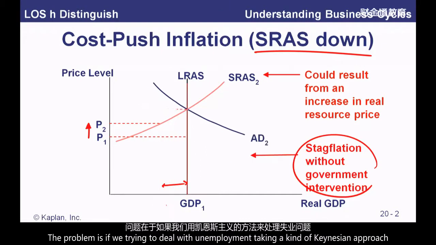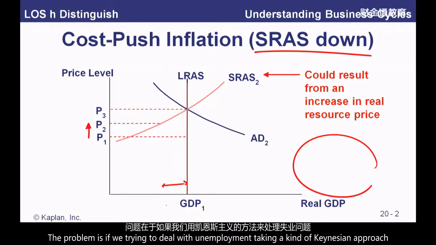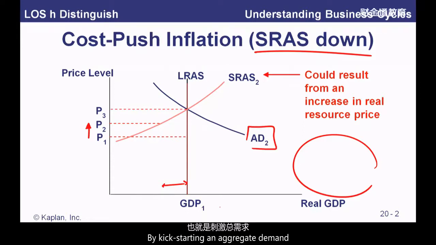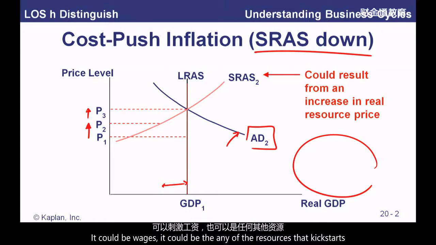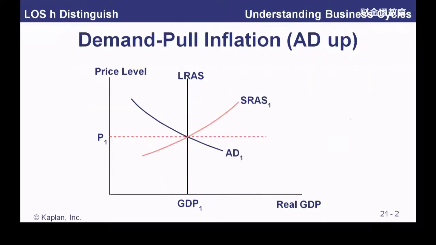Problem is, if we try and deal with unemployment, taking a kind of Keynesian approach by kickstarting aggregate demand, then we've made inflation worse. So it's your choice. But if you do intervene and kickstart aggregate demand, prices will rise again. Could be wages, could be any other resource that kickstarts.